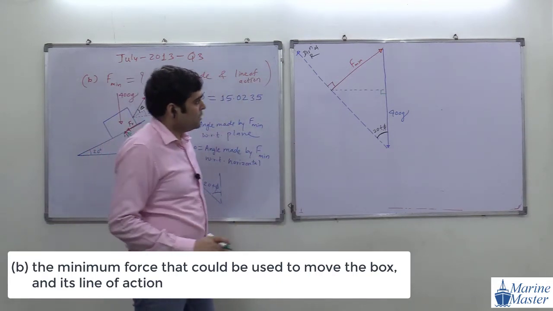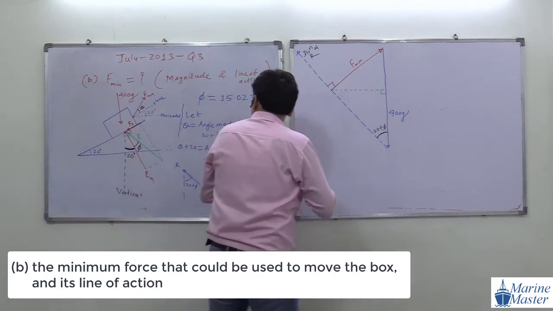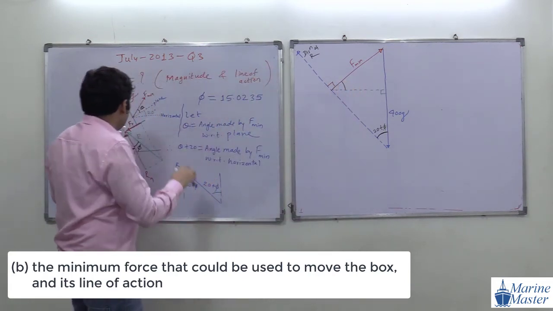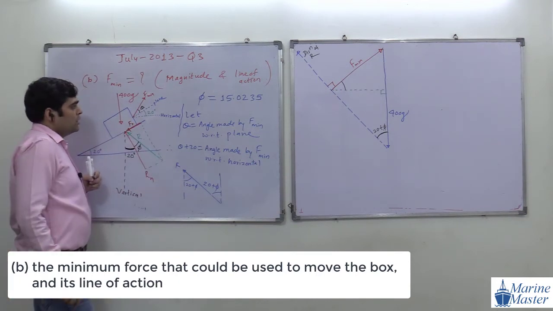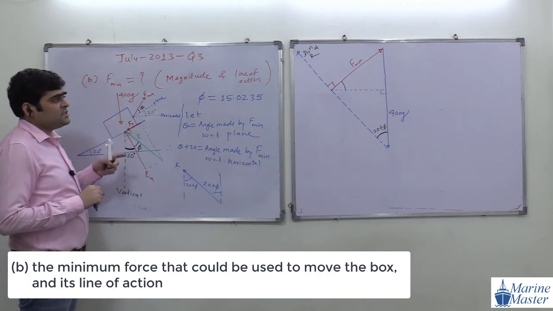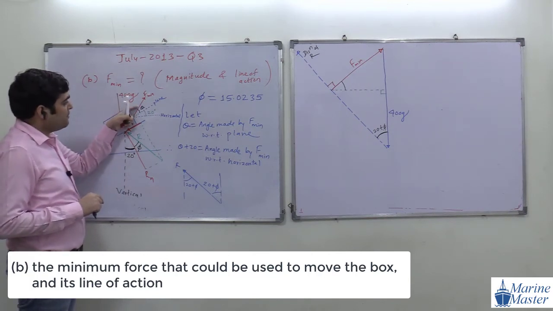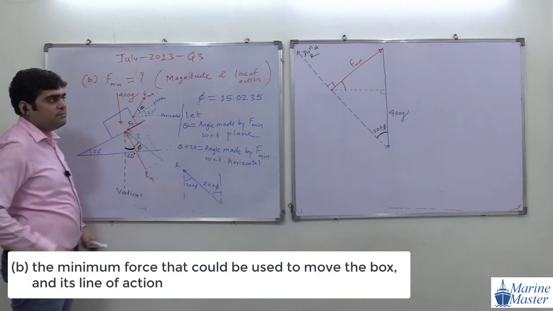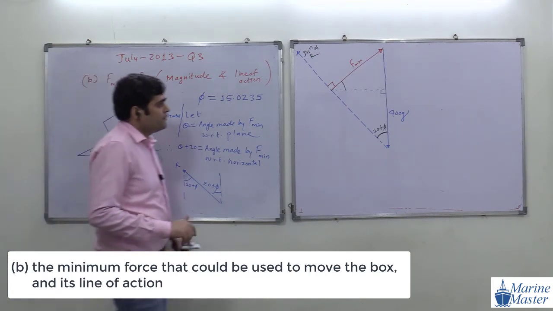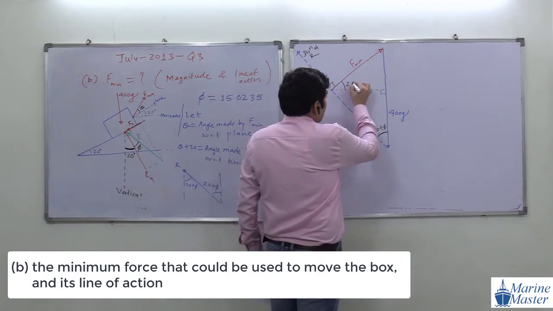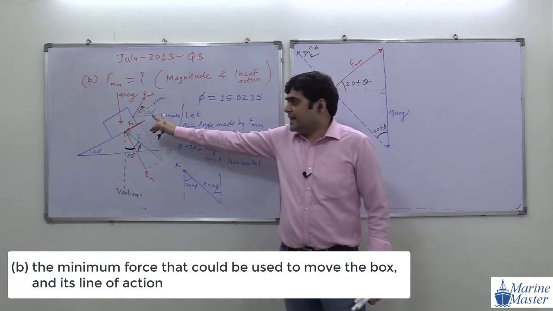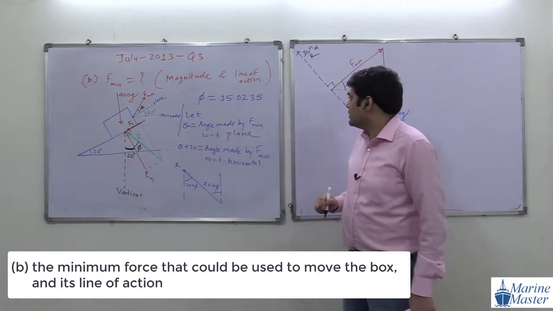What is this angle, the angle between F minimum and horizontal with respect to this diagram? Not phi. 20 plus theta. That angle is 20 plus theta. Okay, good.